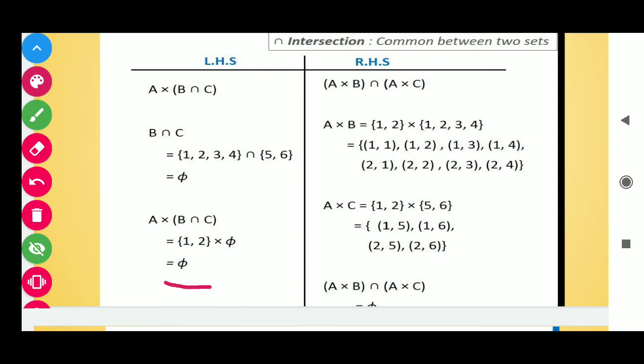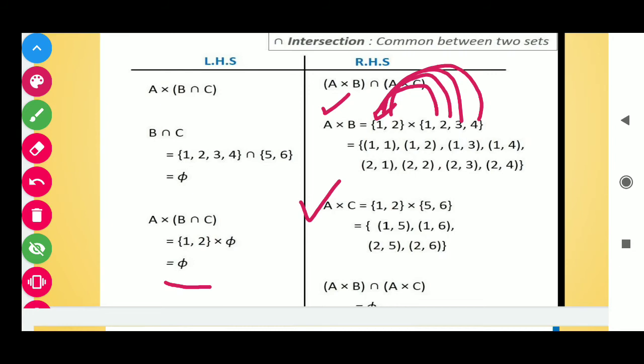So students, the first set is A. In this way we take one element and make ordered pairs with the rest of the elements, and we will get (1,1), (1,2), (1,3), (1,4). Similarly, make ordered pairs with 2: (2,1), (2,2), (2,3) and (2,4). So again, find A cross C, the Cartesian product of A and C.